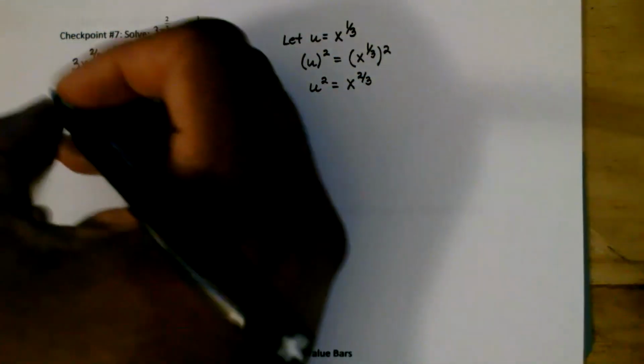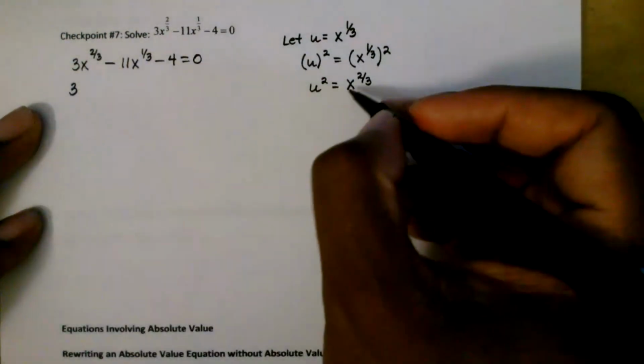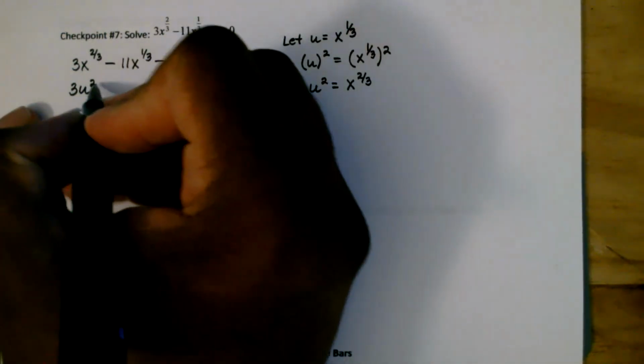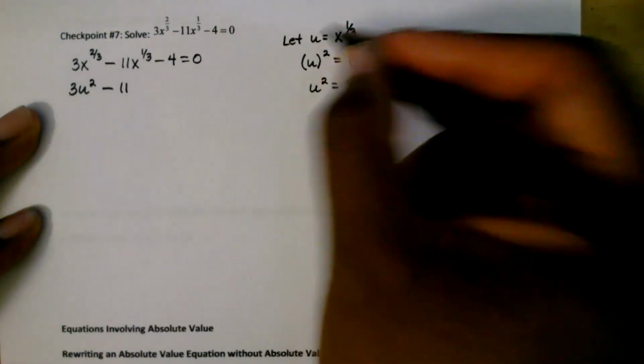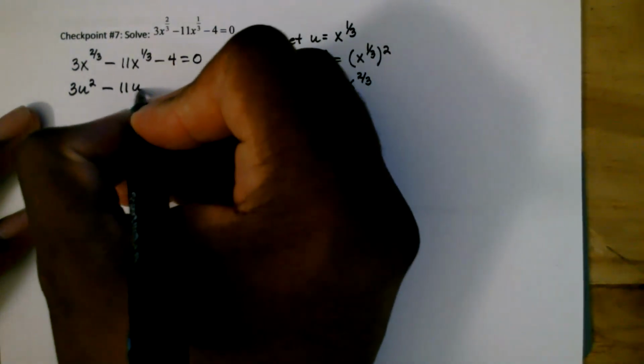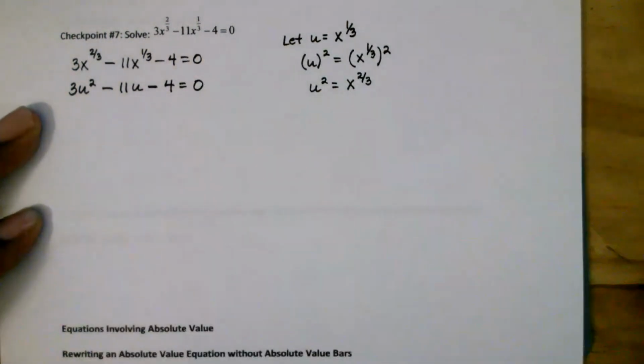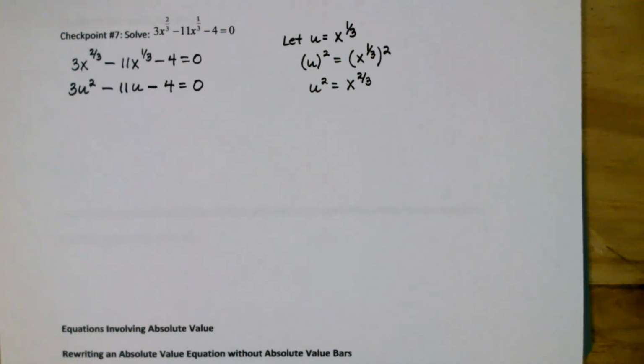So here I'm going to bring down the 3, and that x to the 2/3 is what u squared will be. So it'll be 3u squared minus 11 times the x to the 1/3 will be u, because we let u be equal to x to the 1/3, and then minus 4 equal to 0. So now I have this written in the form of a quadratic equation, 3u squared minus 11u minus 4. And that's equal to 0.